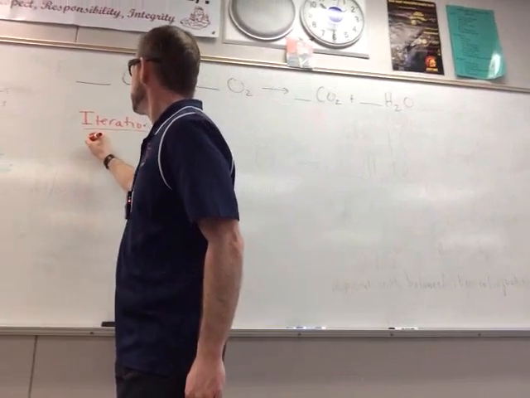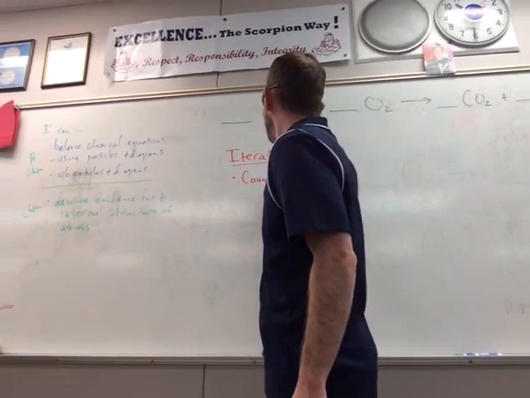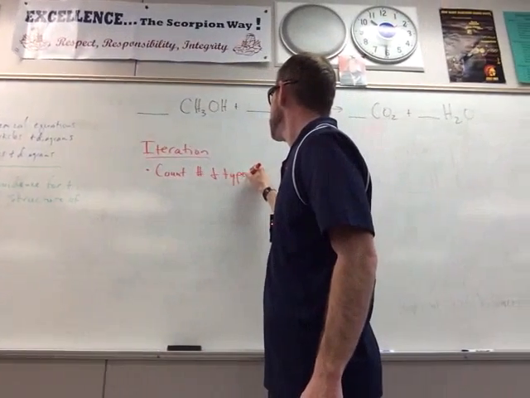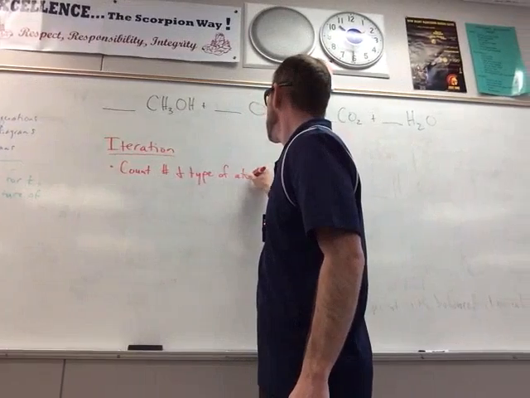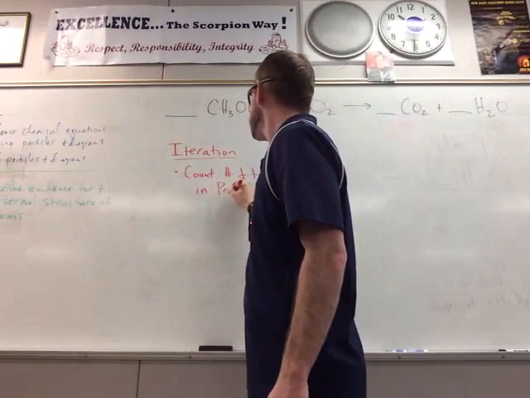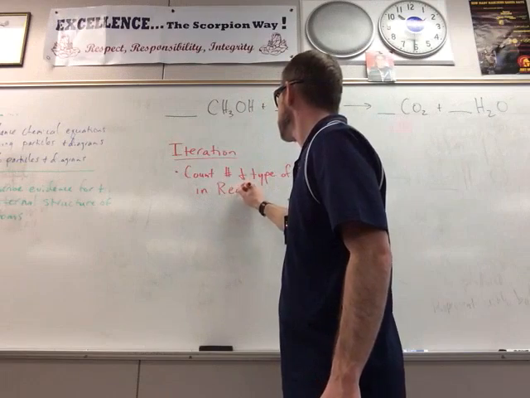So what we're going to do is count the number and type of atoms in the reactants first, because it comes first.